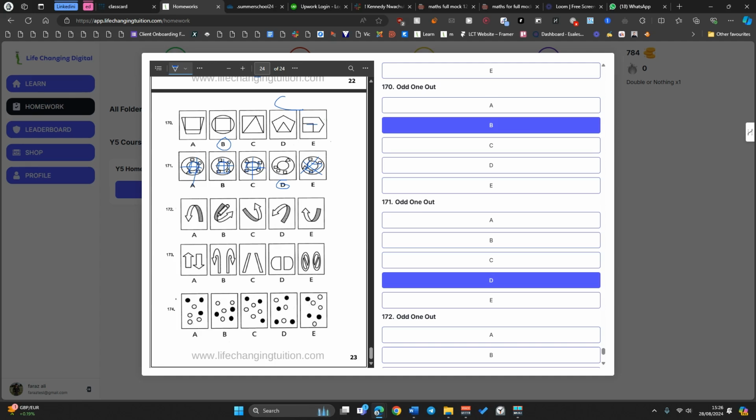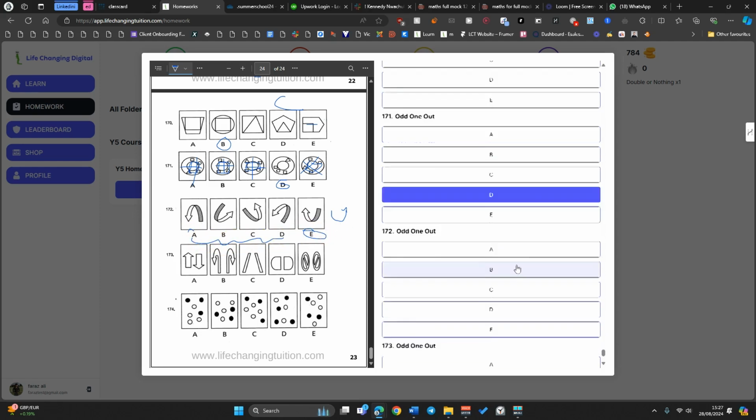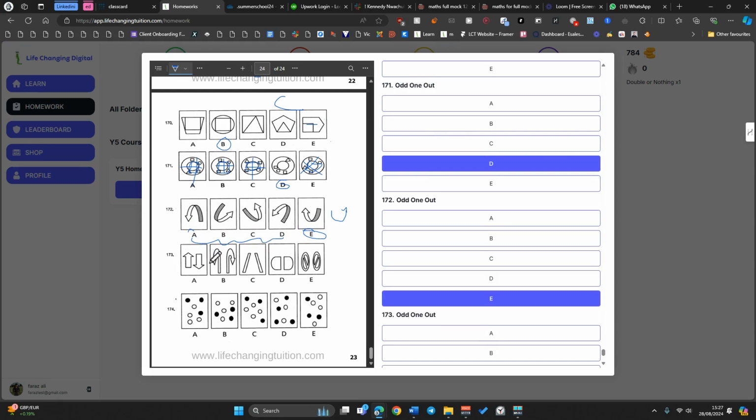So if we look at these shapes, B can be rotated to make C, C can be rotated to make D, and D cannot be rotated to make E, because you'd have to reflect it. If you rotate it all the way, it would just face this way. They can also be rotated to make A. So all of these are the same shape. E is a reflection, so 172 will be E.